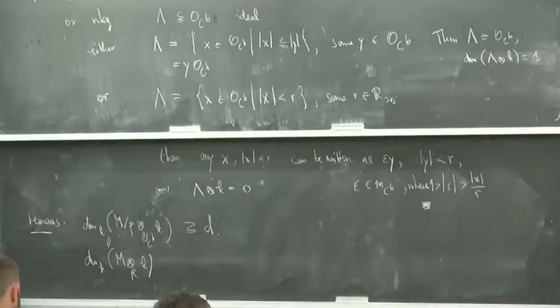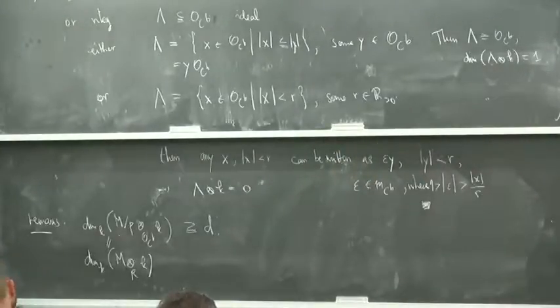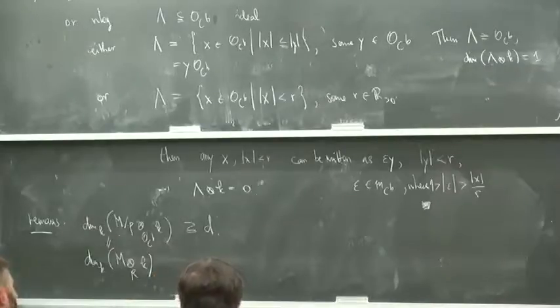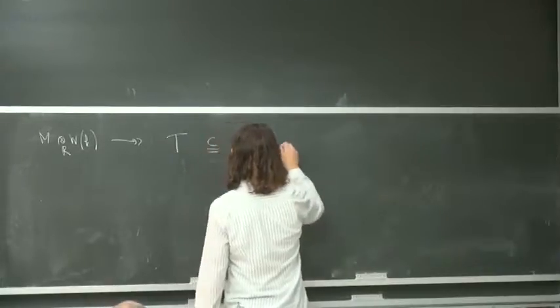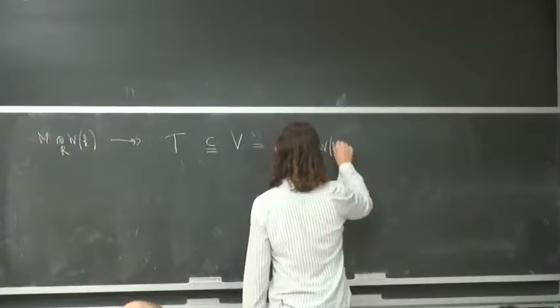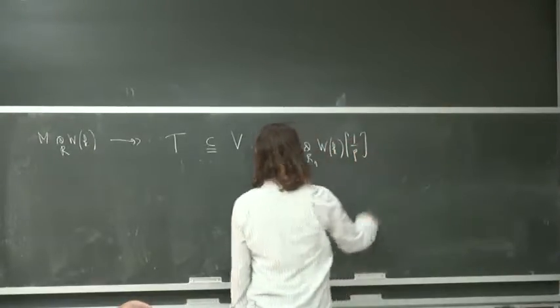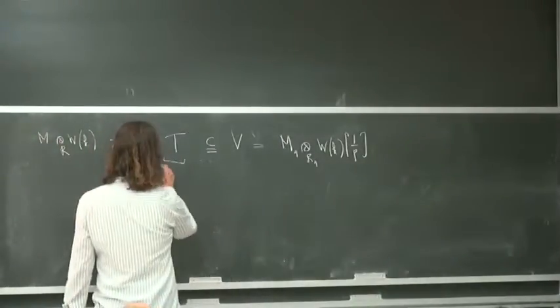Okay, and so now we're doing a similar argument, not mod P, but mod P flat. So M tensor over W(k) of K surjects onto some lattice T contained in, let's write V for this, the reduction of M1 to W(K)[1/p], where this thing here is open and bounded.